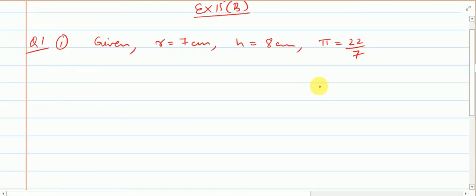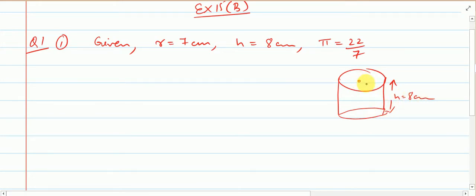So a cylinder is there whose height is given, h equal to 8 centimeter, radius is given 7 centimeter. We have to find its volume.